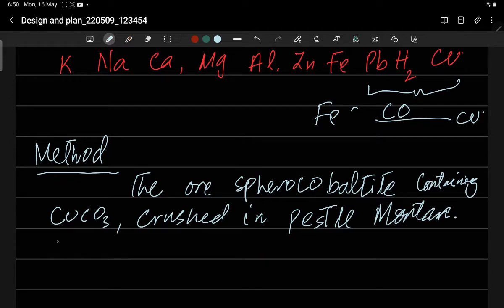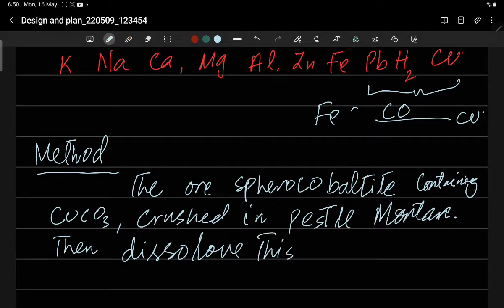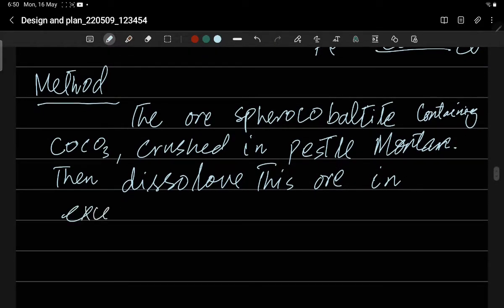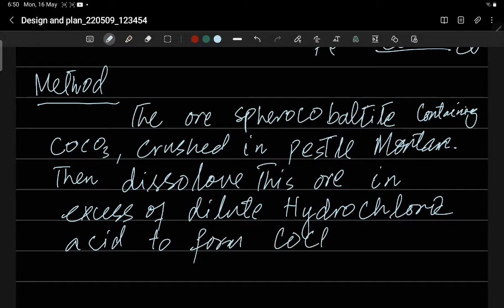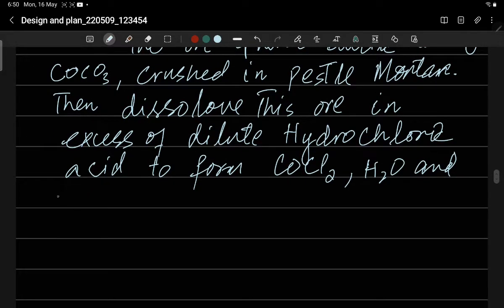Then dissolve this ore in excess of dilute hydrochloric acid to form cobalt chloride, water and carbon dioxide.